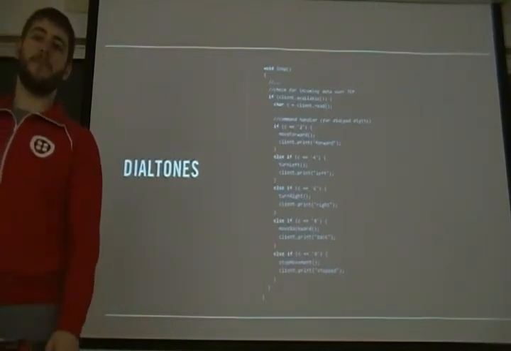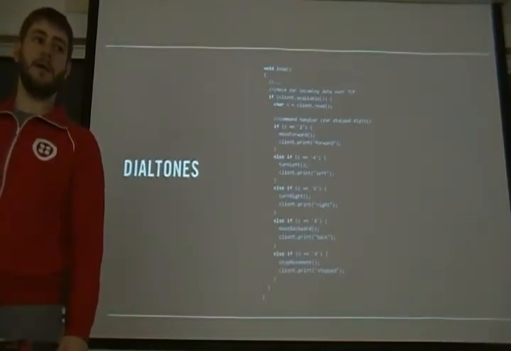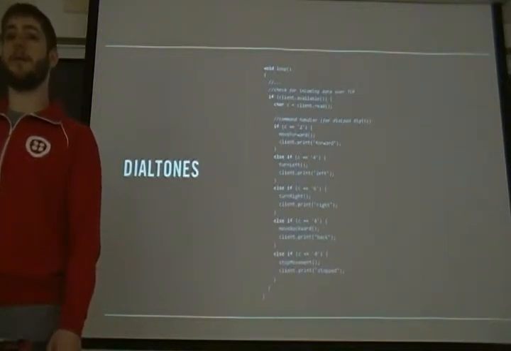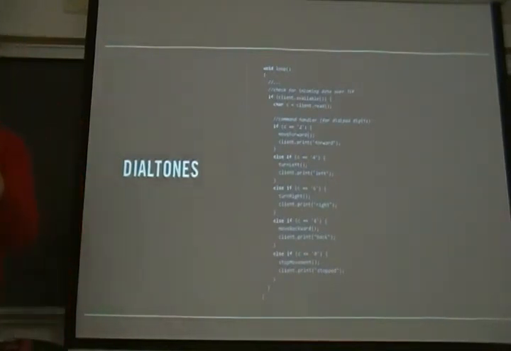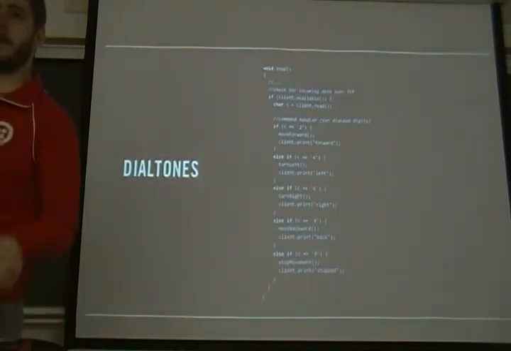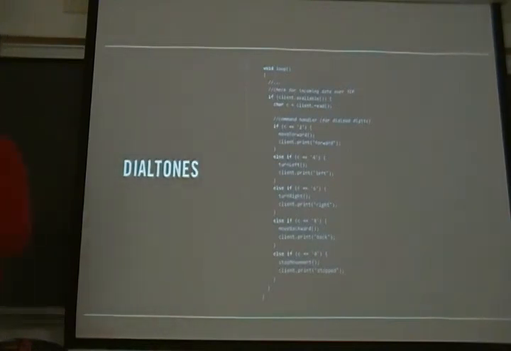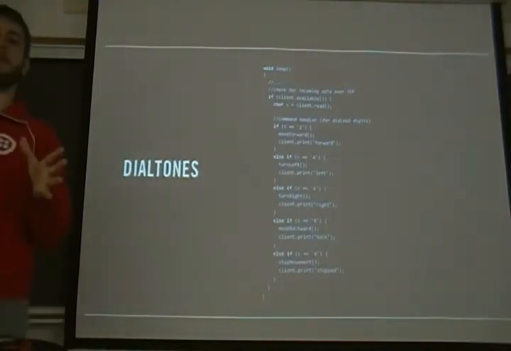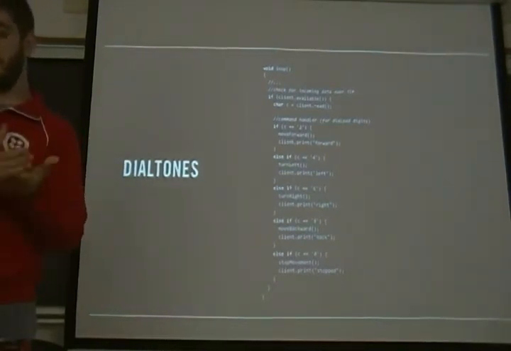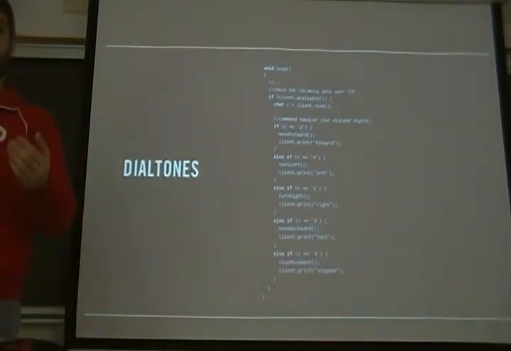Every time you push a button on your phone, Twilio sends a POST request to your server, and the server, in turn, will send that data along to the Arduino as a text string. It's literally sending the number 2, or the number 4, or the number 6, whatever. It's sending that along from Twilio to the robot. And we're just processing that and determining what directions to go, and then we send a confirmation back to the server.